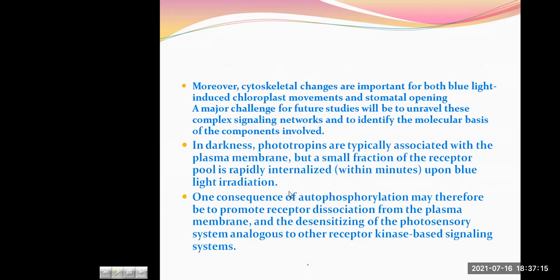In darkness, phototropins are typically associated with the plasma membrane, that is, they are bound to the plasma membrane, but a small fraction is rapidly internalized, that is, they become free in the cytoplasm once the cell is illuminated. One consequence of autophosphorylation, this is the actual phenomenon around which the whole mechanism of phototropins circulates.